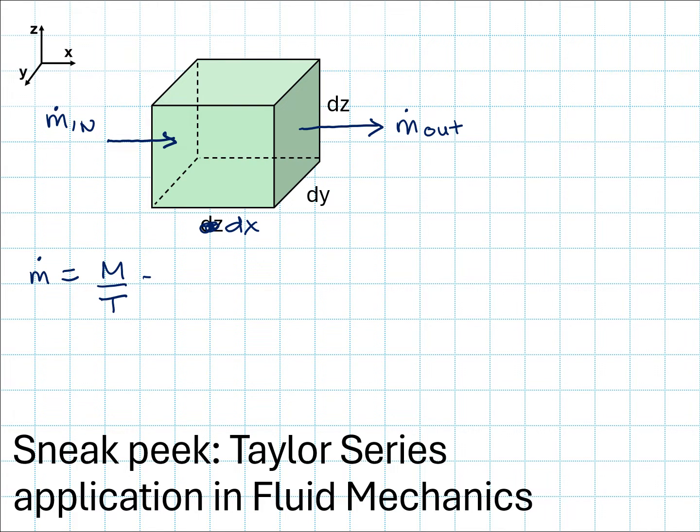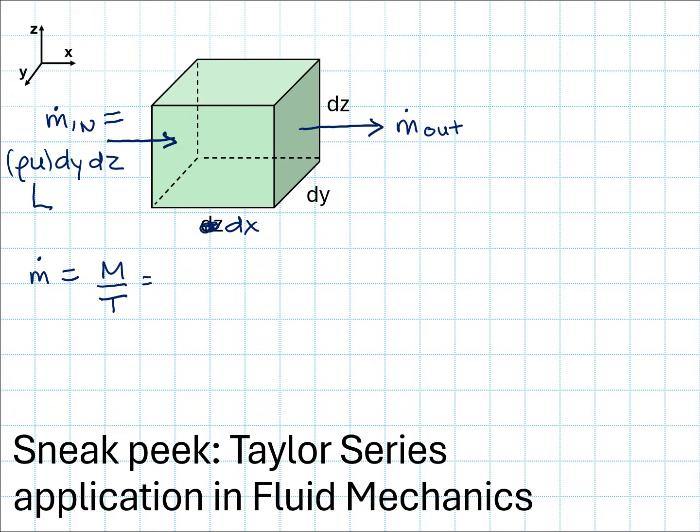For instance, I could represent the mass per unit time going through my left face and through the right face of this cube as being equal to the density, the velocity in x, u, and the area of the cube that it's fluxing through. In this case, it's going to be dy dz. And this is going to tell me about the mass flux coming in through the left face.